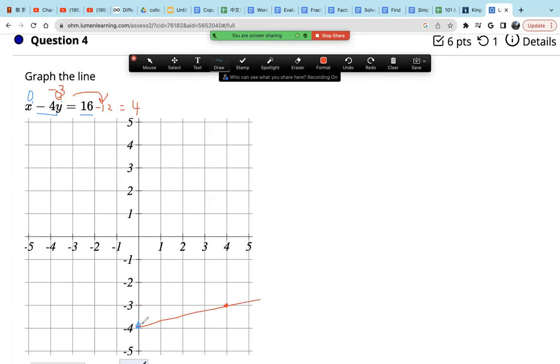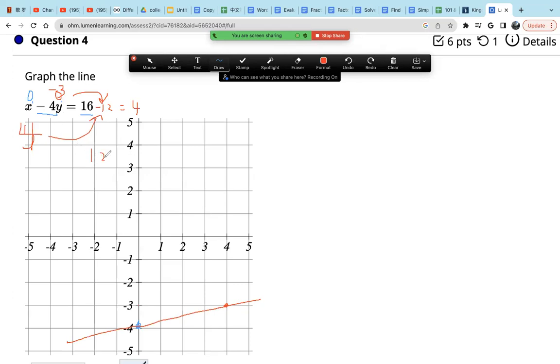If I want to be safe, I may get another point. Maybe we let x be 10. 10 is too big. Let's say x is 4. If x is 4, I move it to the other side: 16 minus 4 is 12.